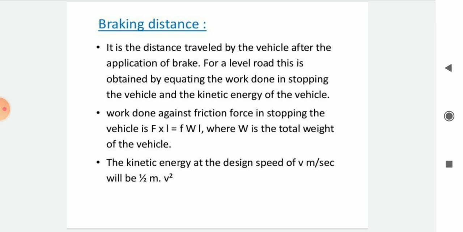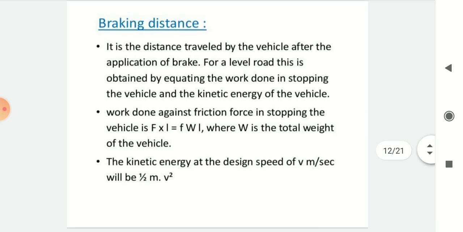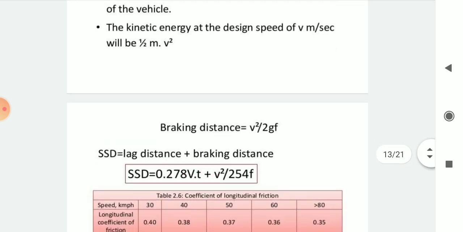For a level road, this is obtained by equating the work done in stopping the vehicle and the kinetic energy of the vehicle. Work done against friction force in stopping the vehicle is F into L equal to F into W into L, where W is the total weight of the vehicle. The kinetic energy at the design speed of V meter per second will be half m into V square.